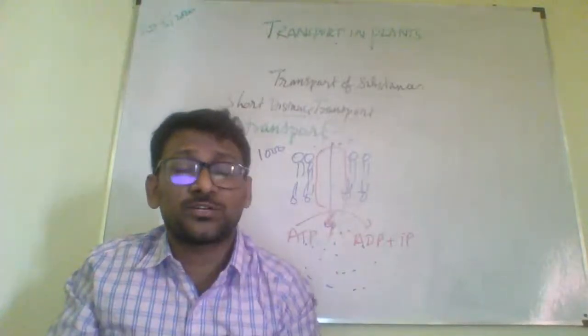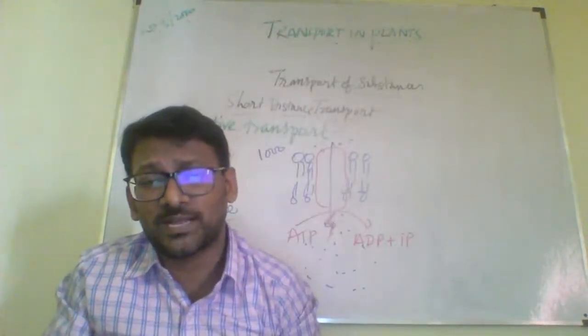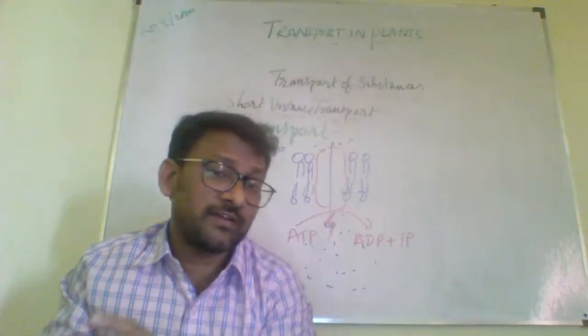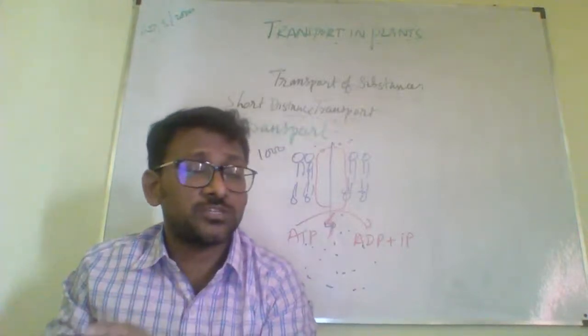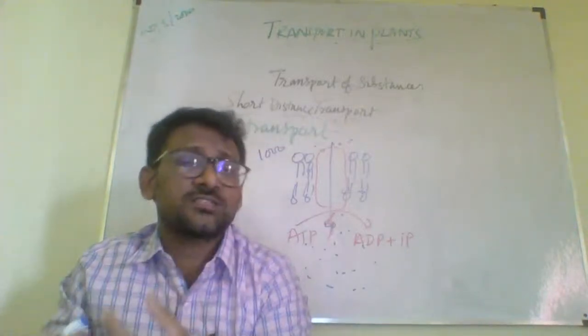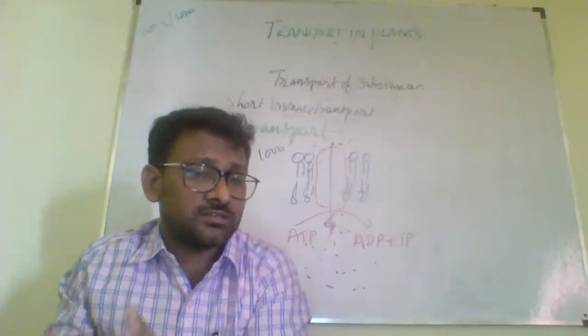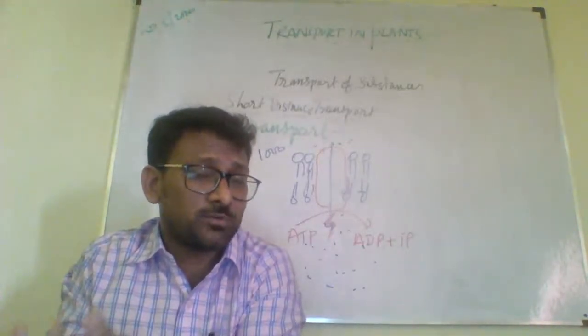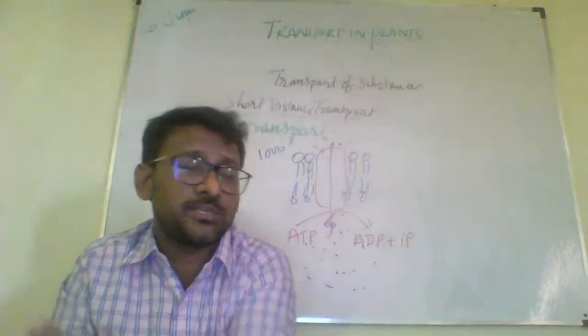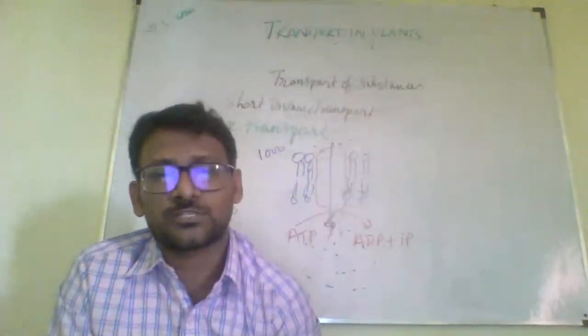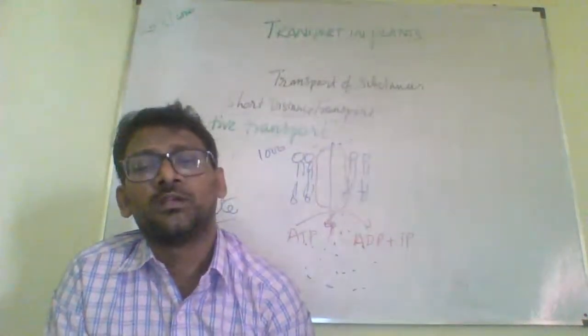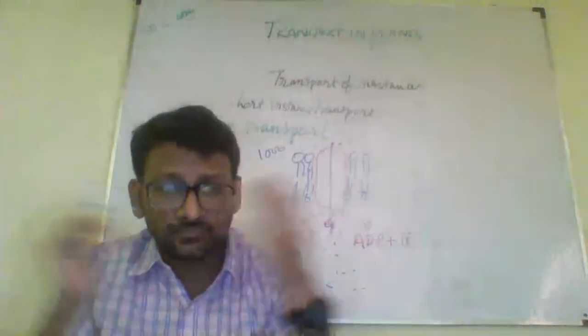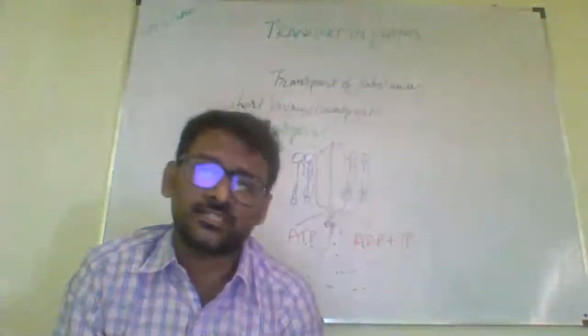This transport in plants is one of my favorite topics, and especially this is what makes botany a more interesting subject when we speak about these physiological aspects, how these molecules will move, right? Which is beyond our imagination, right?